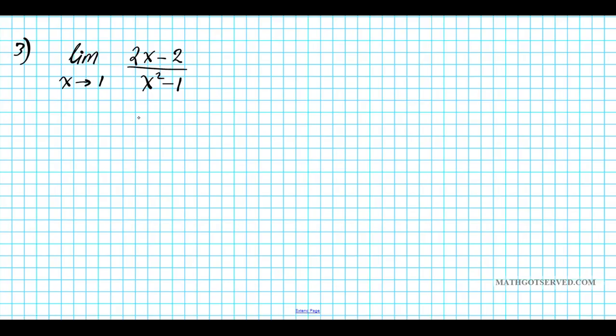So we have 2 times 1 minus 2 over 1 squared minus 1. All right, if we evaluate this, we'll have 0 over 0, which is indeterminate.